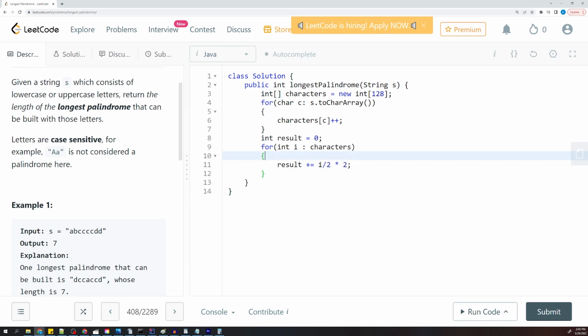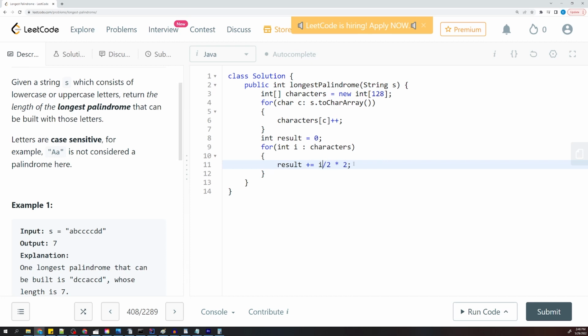Now, if we have 5 characters at i, this is going to say 5 divided by 2, which is going to give us 2. And then we're going to multiply it by 2, which gives us the 4. Because of integer division, it drops off that 0.5, and so you never really see it. And so, because we don't care if there are 5 of them, we only care if there are even amounts of them.